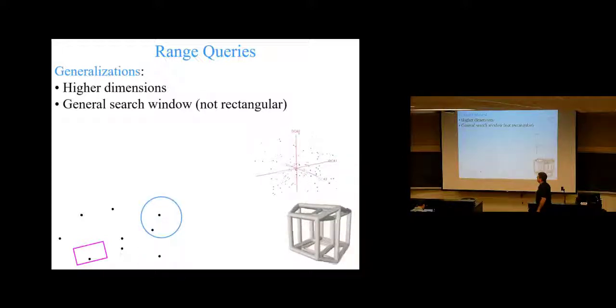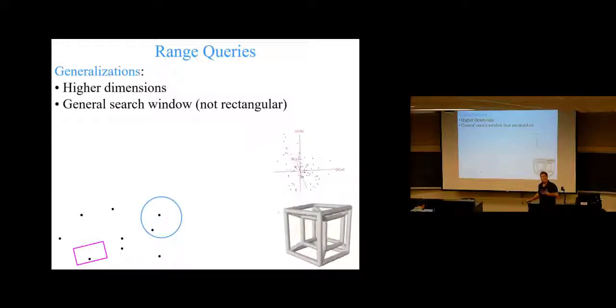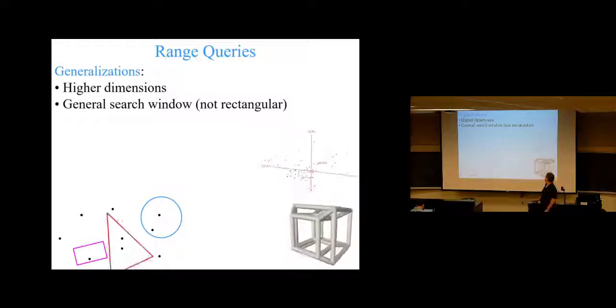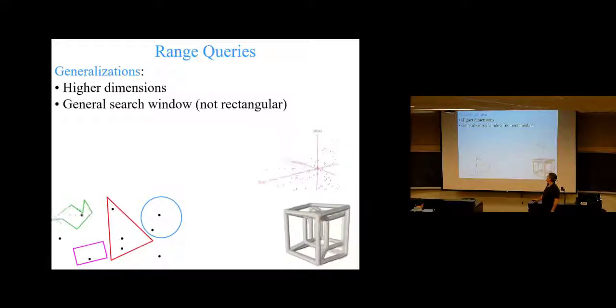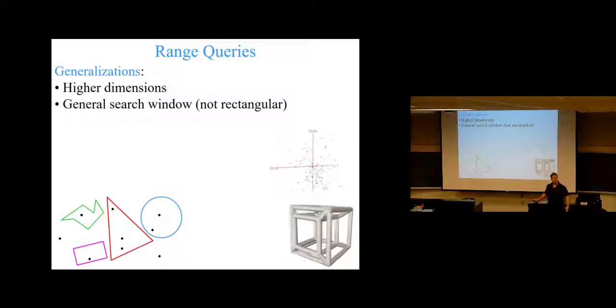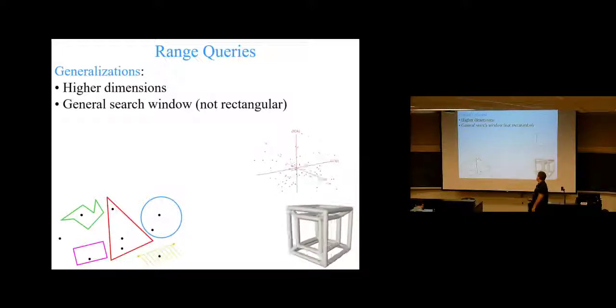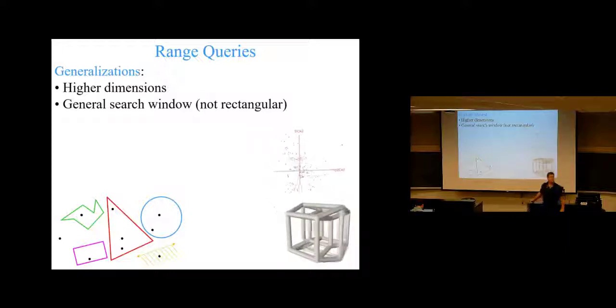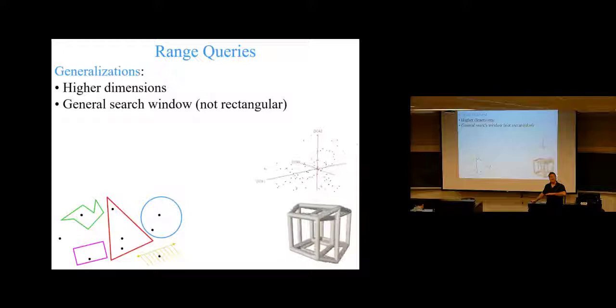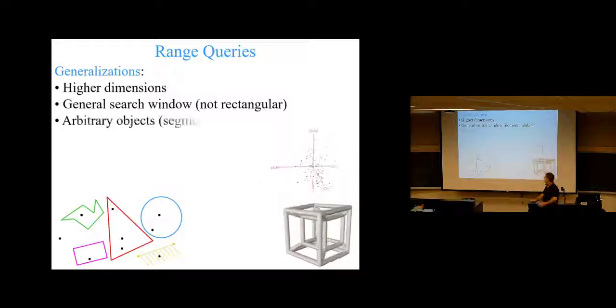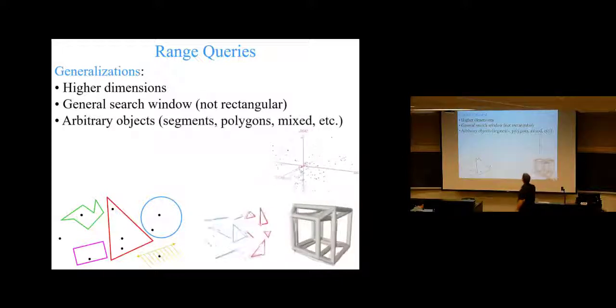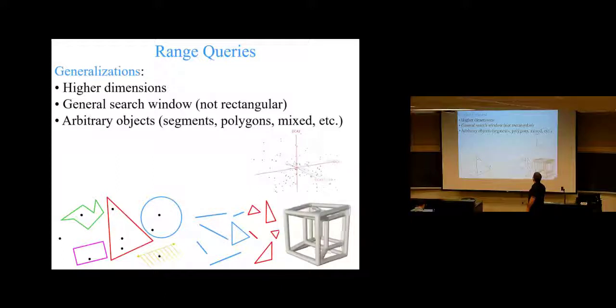It could be a circle as a range query window. It could be a triangle, it could be arbitrary shapes. Right? So the queries can come in arbitrary polygonal shapes, and that makes it much harder. Or it could be half-plane queries. You give me a half-plane, you ask me how many points fall on one side of the half-plane versus the other side, let's say the lower half, or the right half of the half-plane.